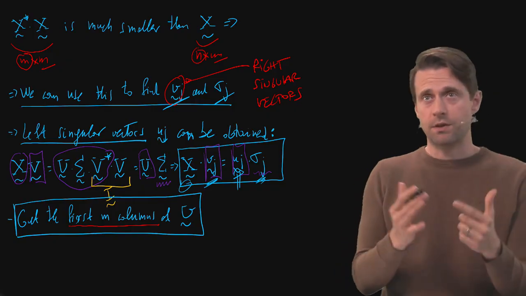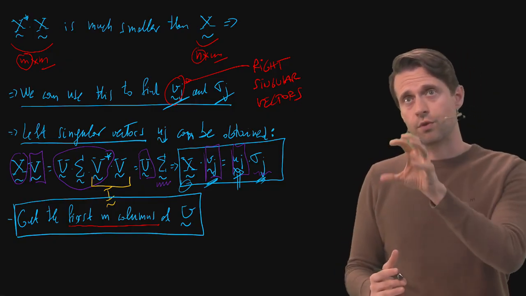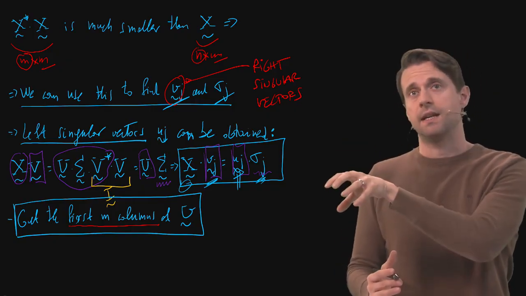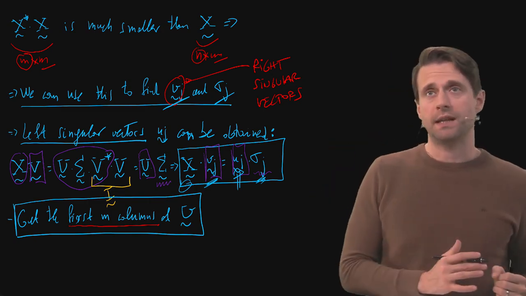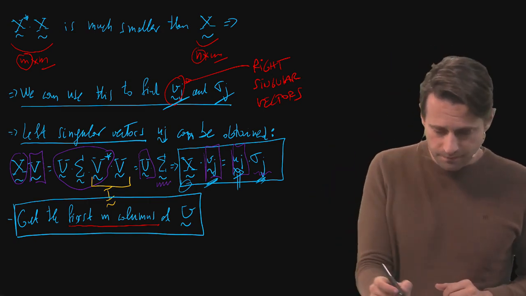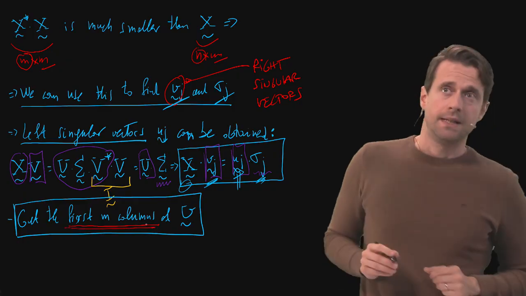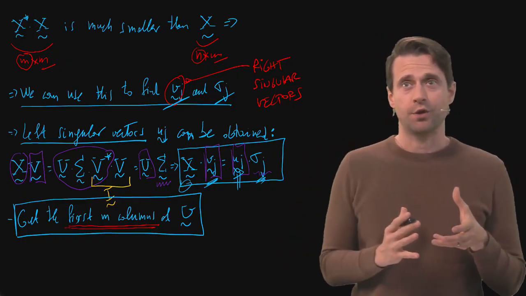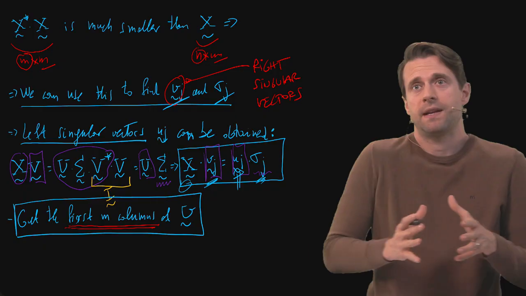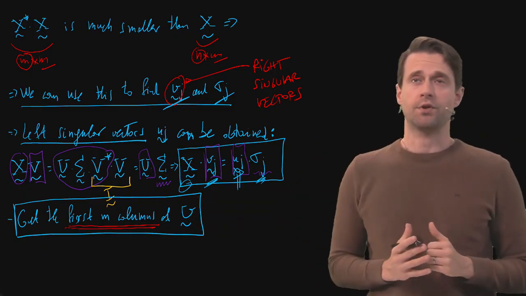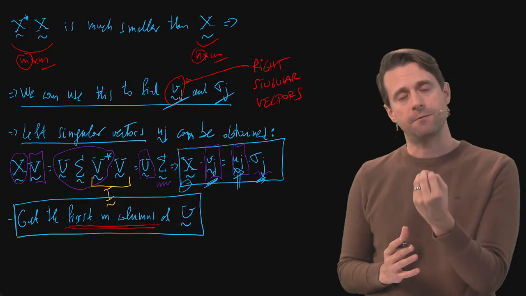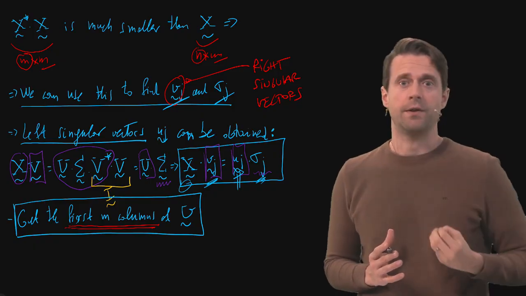That means that with this method, working with X star times X, we will get the V matrix, which has m entries, and that will allow us to only obtain m entries of U. So this is basically what we get here. This is why it's called the method of snapshots, because even if I don't have an infinitely long time series, I can use the m number of snapshots that I have to try to have a meaningful representation of our data.